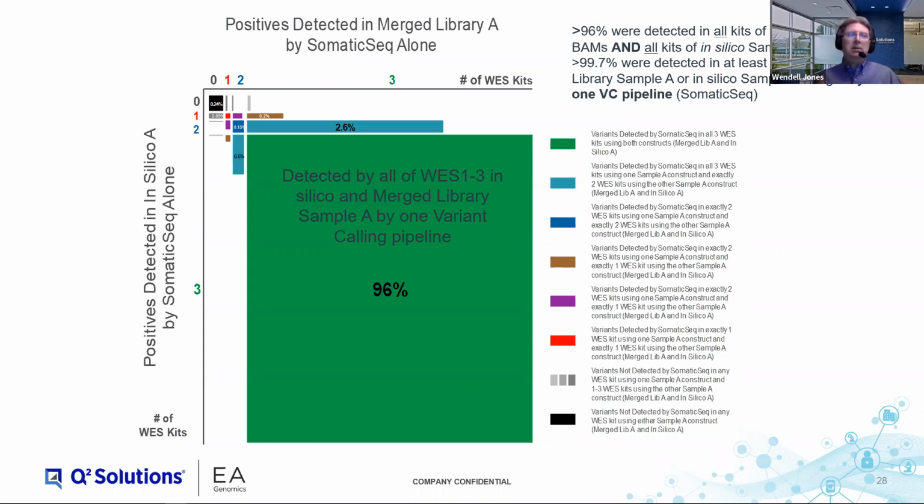But not just that, 96% of them were found in every whole exome sequencing kit that we used for the merged sample A, as well as being detected in all the instances of the in silico A. So basically 96% were seen in all the kits, both in the merged library sample A and in the in silico sample A. And then you see that some other percentages were, for example, detected in all the merged library BAMs, but maybe only 2 of the 3 of the in silico A, and so forth.